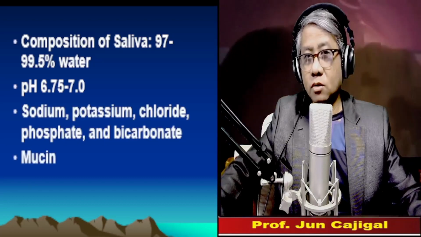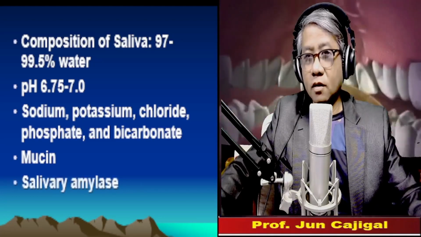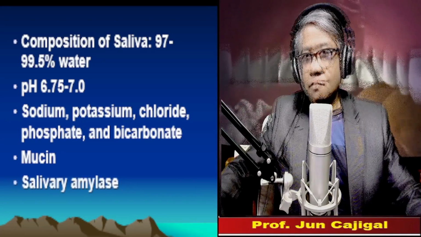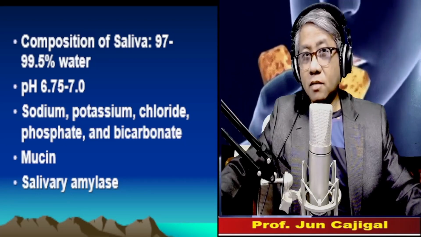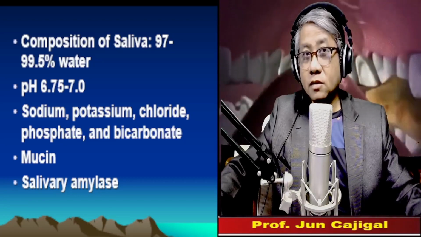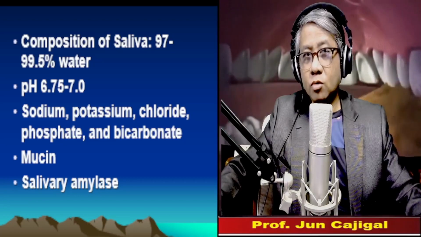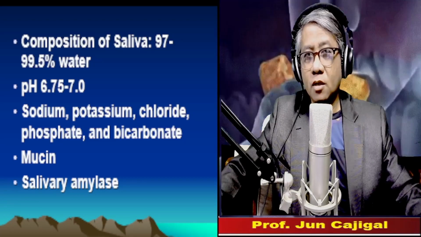Saliva also contains mucin and the enzyme salivary amylase. This salivary amylase aids in the chemical breakdown of food. Salivary amylase mixes with the food through the chewing motion of the mouth, or mastication.